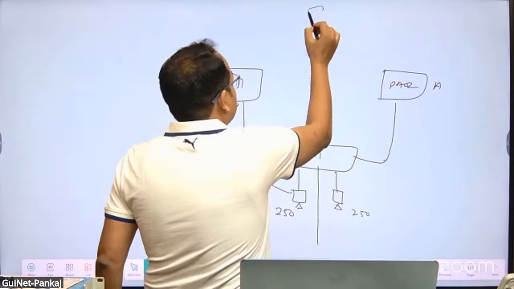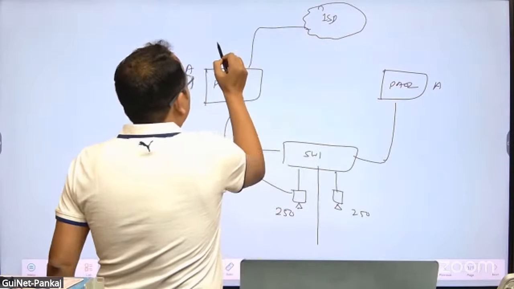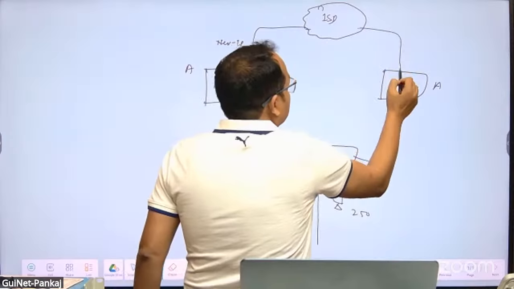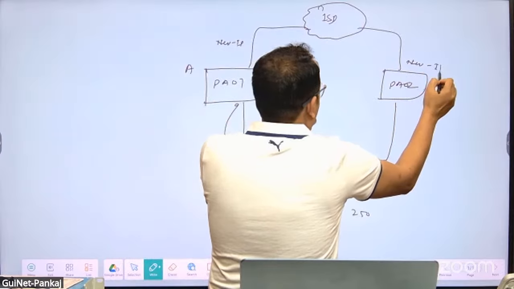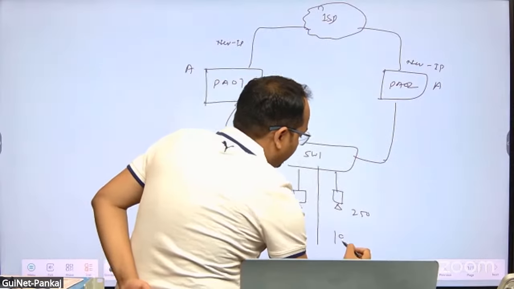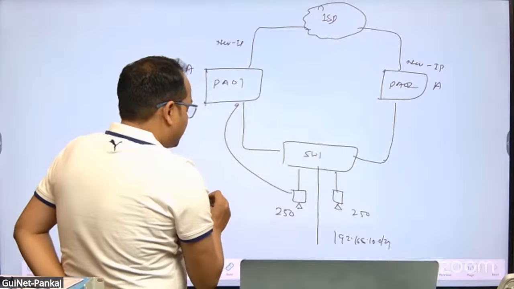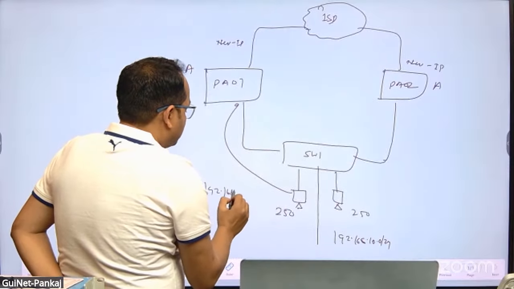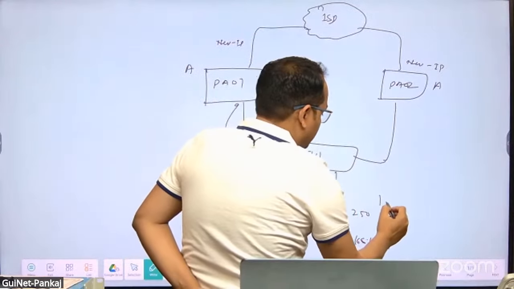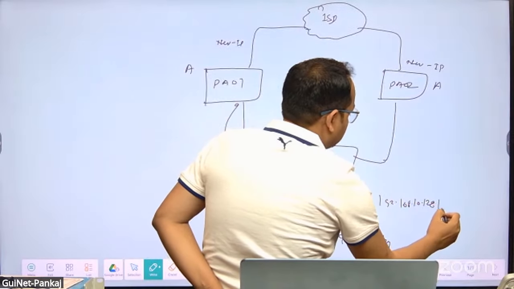So what happens? Let's suppose this is your ISP. The WAN link is going to have a new IP, not the same. Okay, let's suppose you have a subnet 192.168.10.0/24, and you split this subnet in two parts: 192.168.10.0/25 from this LAN, and 192.168.10.128/25 from this network.